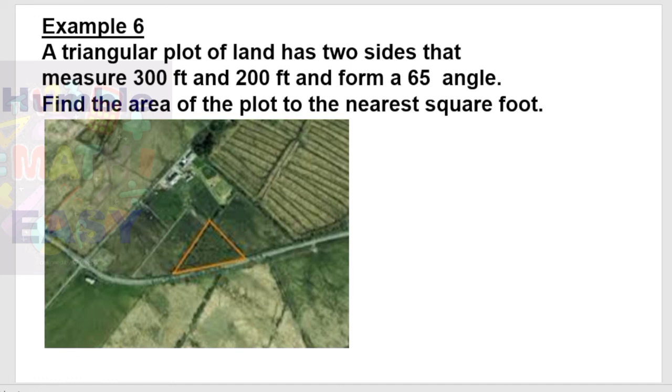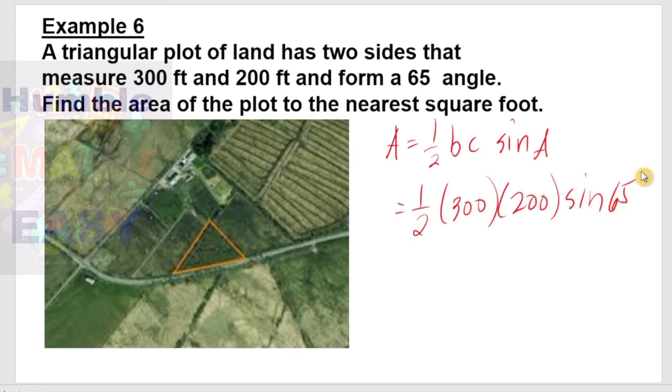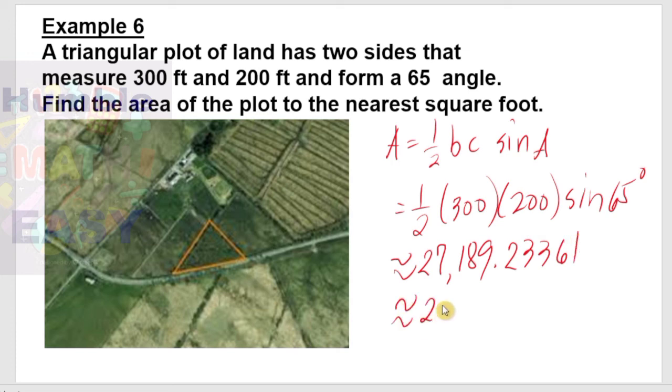So we have area is equal to 1/2 BC sine A. So we have 1/2 times 300 times 200 times sine 65, which is 27,189.23361, approximately 27,189 square feet, because we are going to round off to the nearest square foot.